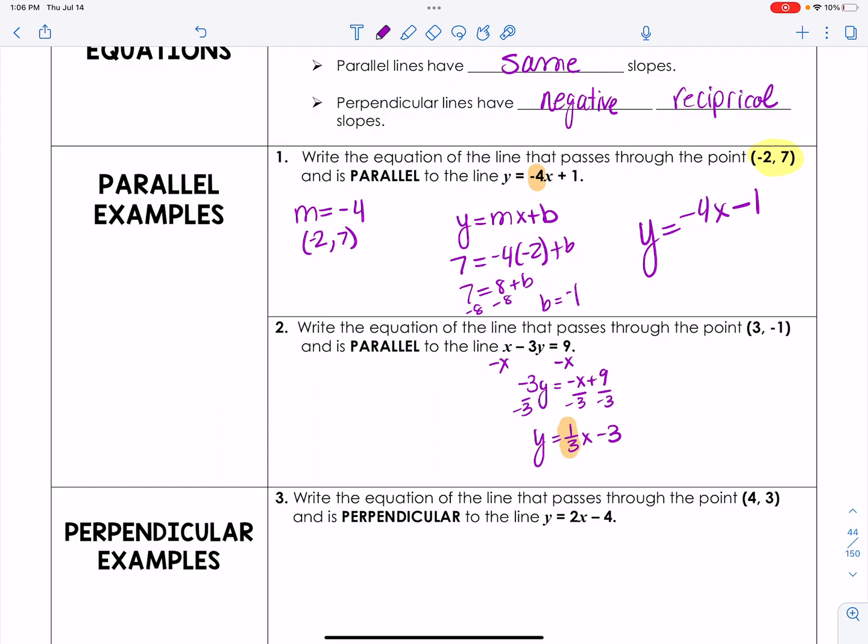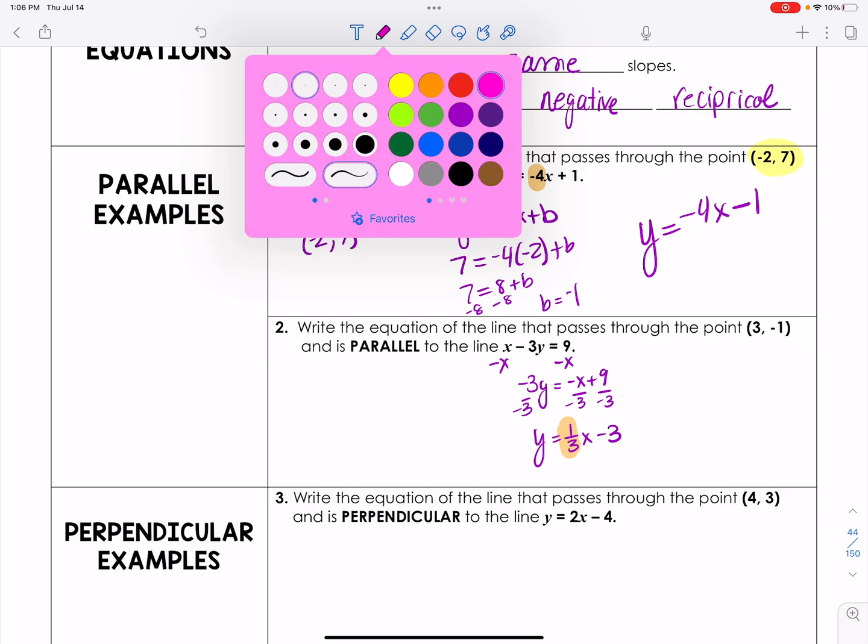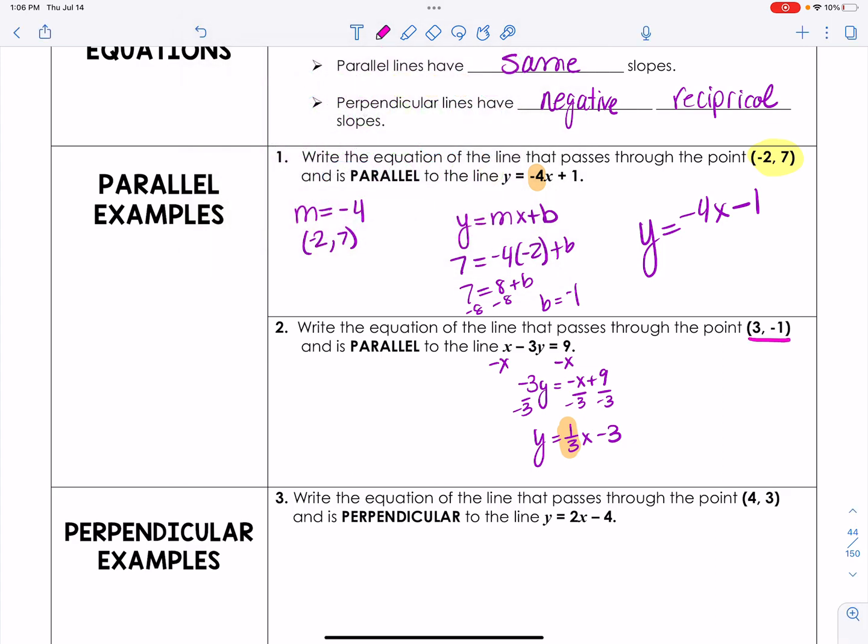The slope is 1/3 and I have a point. So I can do y minus my y value equals m times x minus my x value. I times in by 1/3, and that's 1/3 x minus 1. Then I'm going to minus 1, and my answer is y equals 1/3 x minus 2.